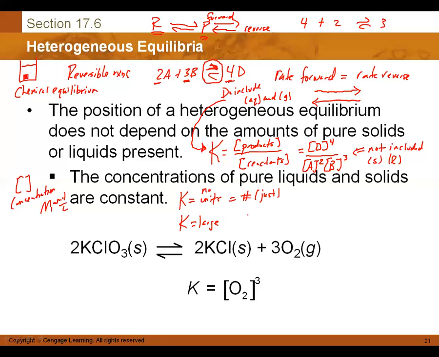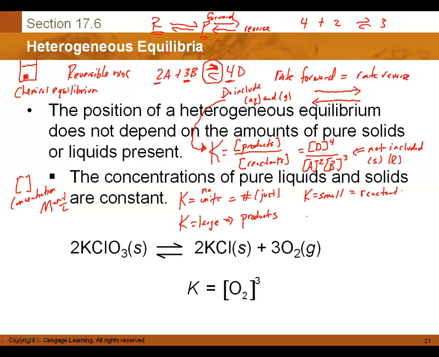And that means that when we do reach equilibrium, we should mainly have products at that point. And vice versa, if we calculate K, or are given a K value, and it's small, mathematically speaking, in order to get a small number, we need small products, more reactants. We mainly have reactants at equilibrium.